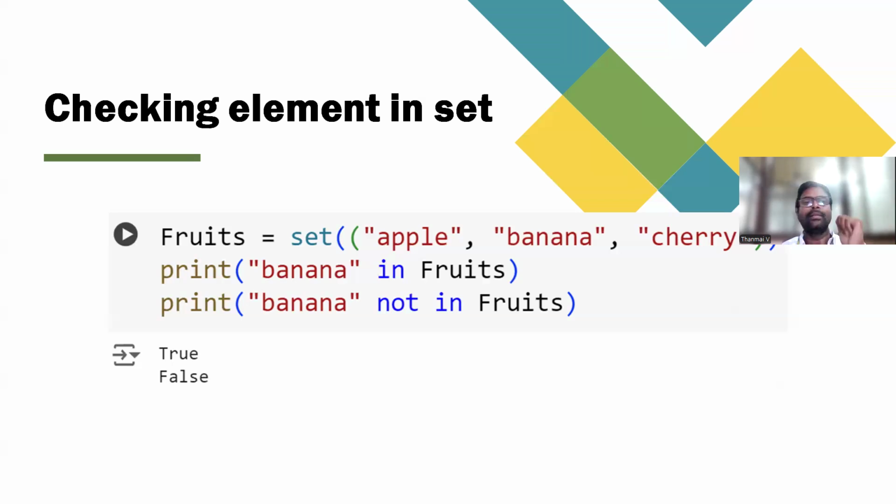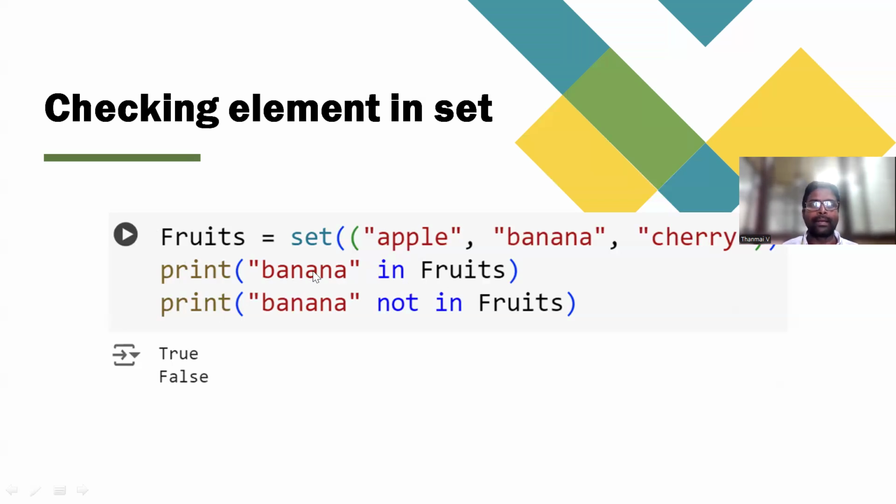So you can see here, there is a set called fruits equal to the set constructor, where I initialized a fruit set with apple, banana, and cherry. Now I want to check whether banana is in the fruit set or not.